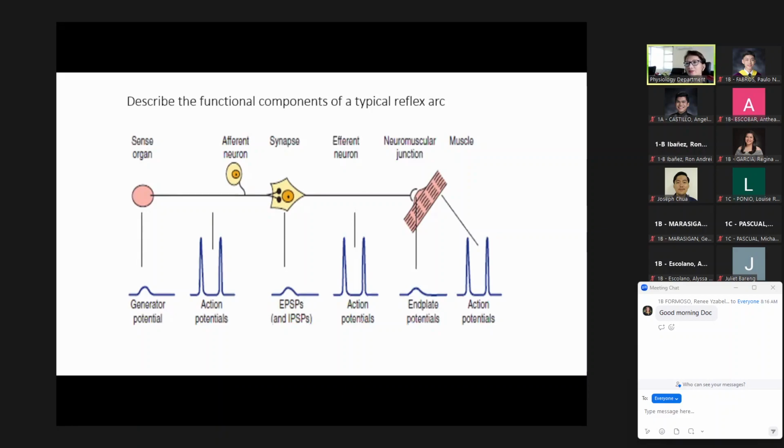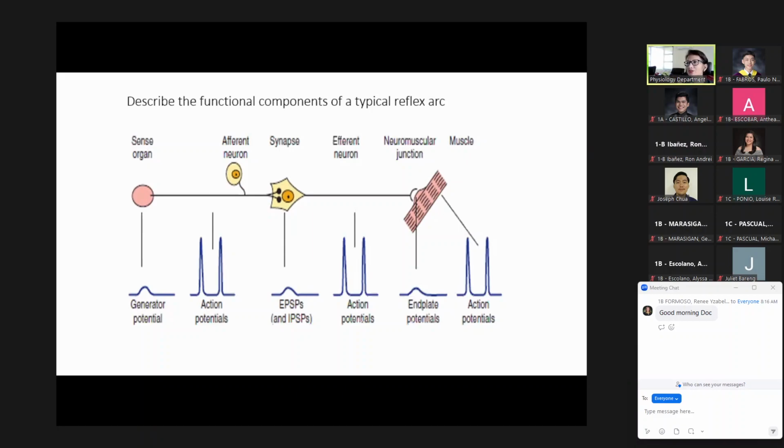Those are receptor molecules, and those are found either in the plasma membrane, di ba? Or within the cell. Okay. Now, the receptor we are talking about here is your receptor organ.